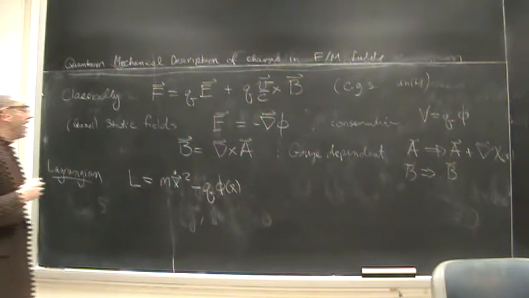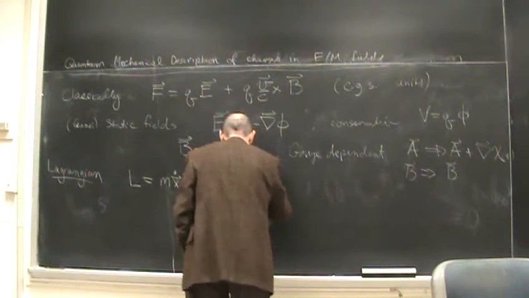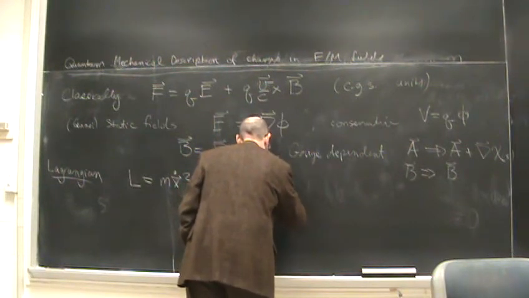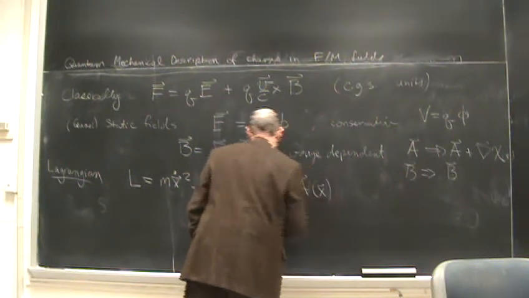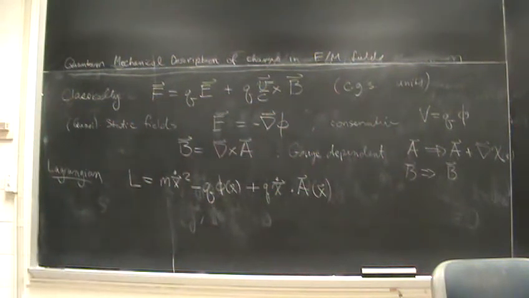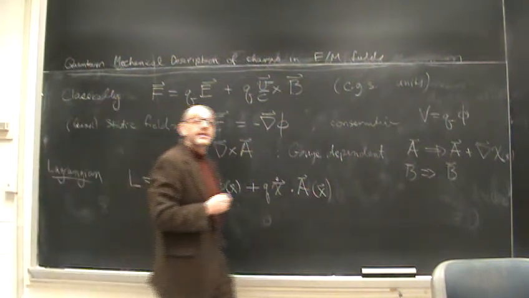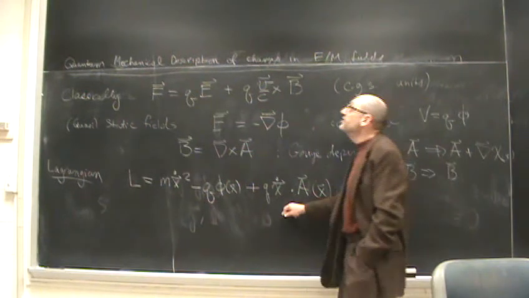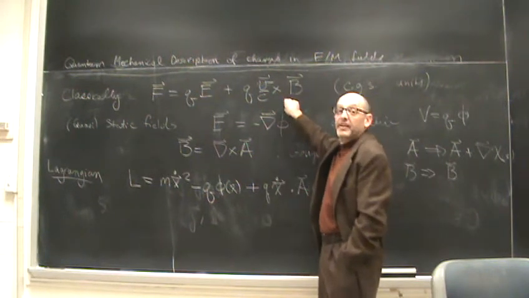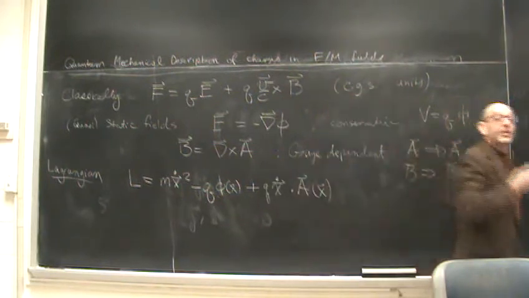But for the magnetic piece, my claim is that I can obtain that as follows. I want to add an additional velocity-dependent piece to the Lagrangian. How can we see that, in fact, this is the right Lagrangian that will generate this equation of motion?